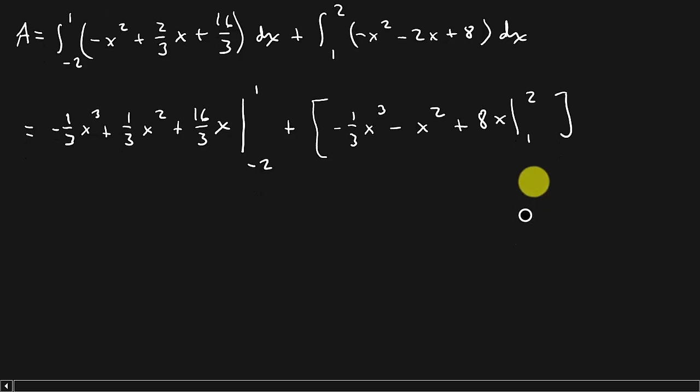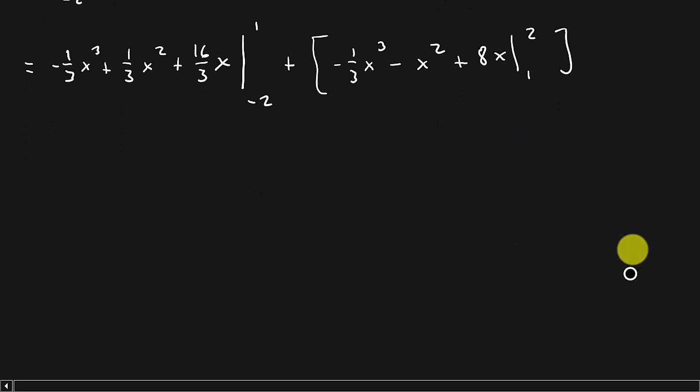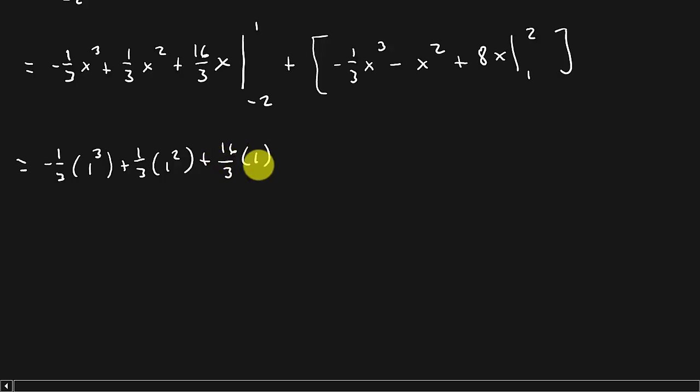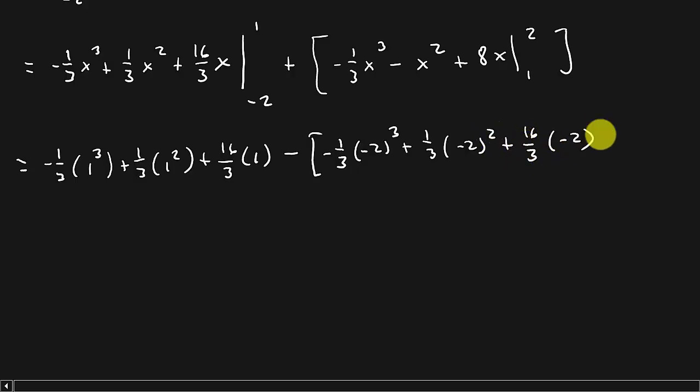All right, so now here comes the fun part, huh? So now we've got -1/3 times 1 cubed plus 1/3 times 1 squared plus 16/3 times 1 minus, all right, now we've got to plug the -2 in. -1/3 times -2 cubed plus 1/3 times -2 squared plus 16/3 times -2.